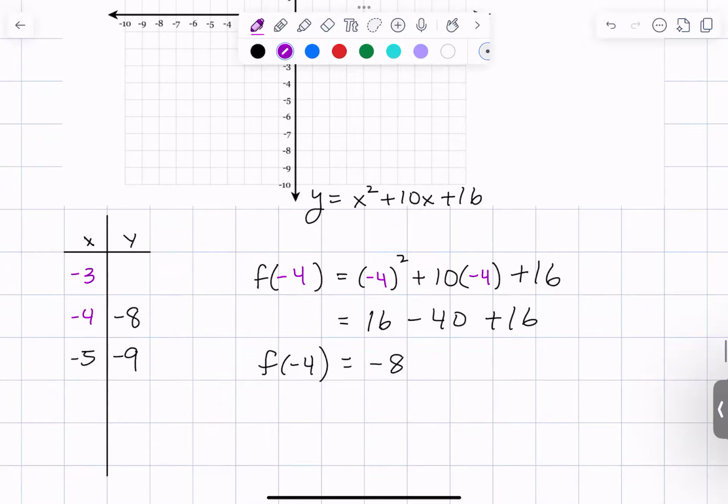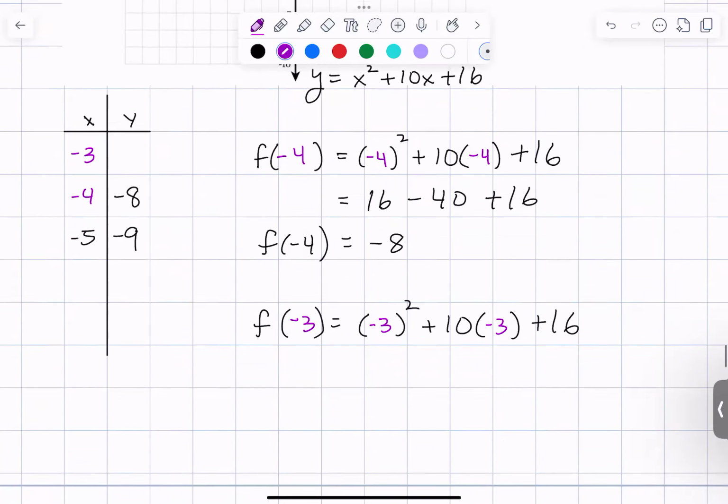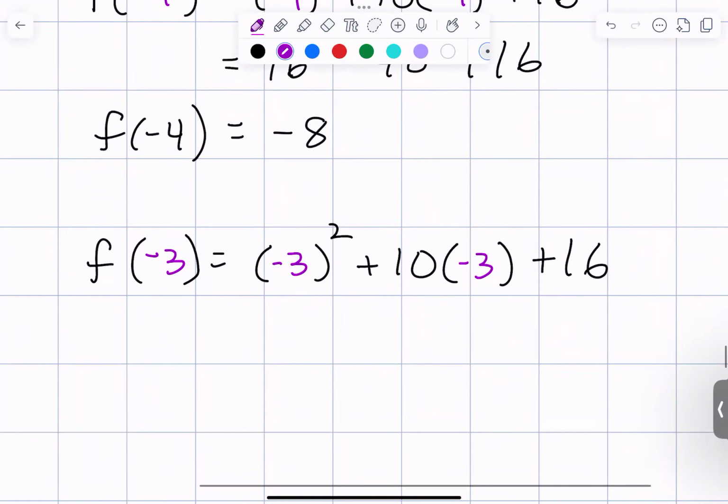Make sense? Yeah, if we just plug it in. Do the same thing with -3. Find f of -3. So that would be -3 squared plus 10 times -3 plus 16. If we do that math, this would be 9 minus 30 plus 16.